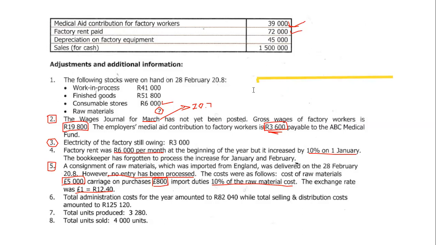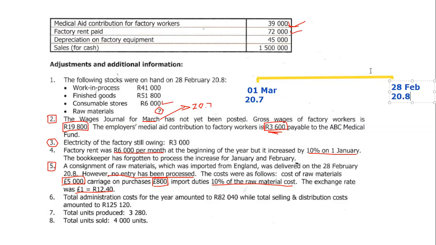So the beginning of the year will be 1 March, right? Yes. And the end of the year, this will be 20.7, and the end of the year will be 28th of Feb, 20.8.